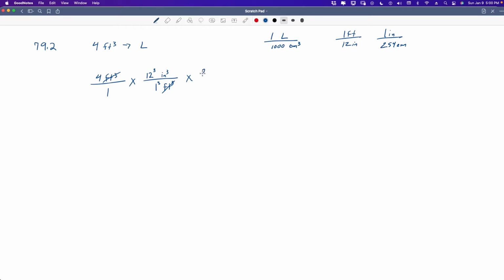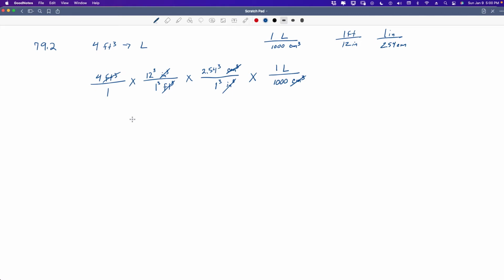So this is going to be 2.54 cubed centimeters cubed all over 1 cubed inch cubed. Inch cubed cancels. Times, now we're going to use our liters, 1 liter over 1,000 centimeters cubed. Notice we didn't cube this because 1,000 centimeters cubed is 1 liter. So this cancels this without having to worry about cubing anything else.